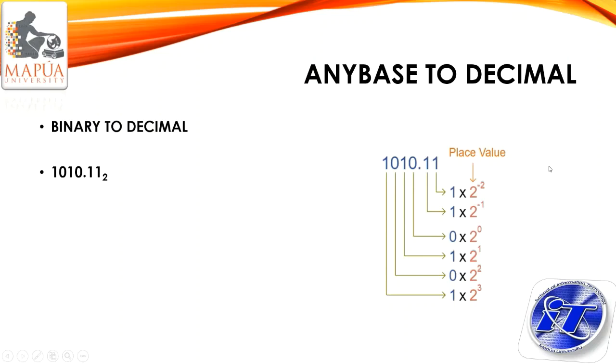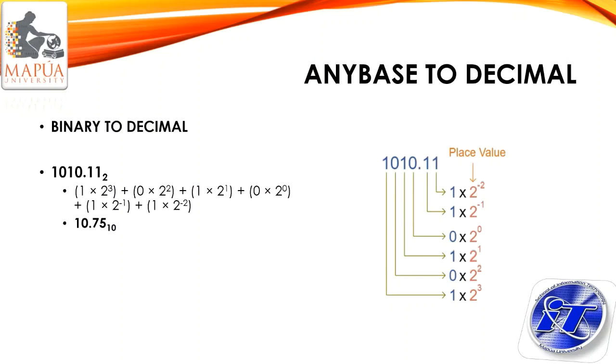After determining the positional values, multiply each to its corresponding digit, get the products, get the sum, and that will be the equivalent in decimal. So 1010.11 is equivalent to 10.75 in decimal.